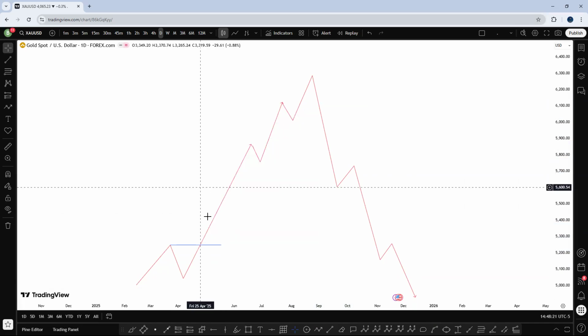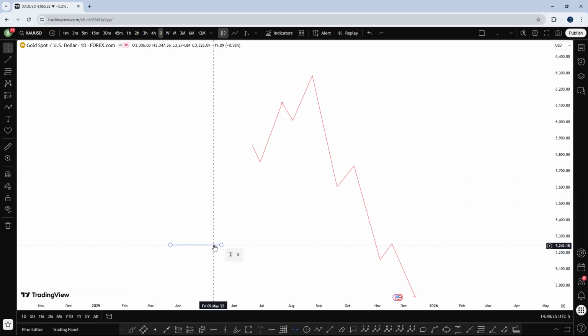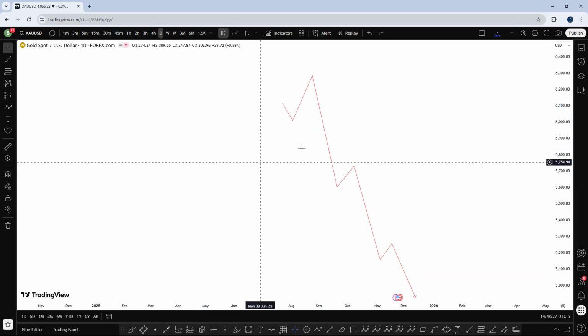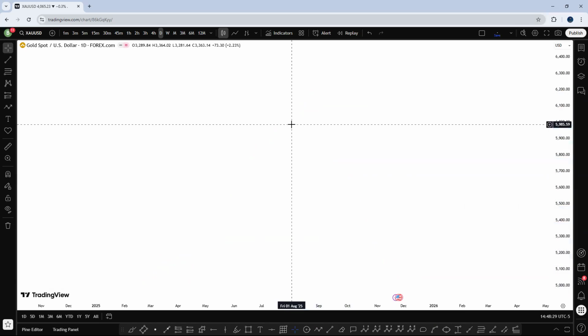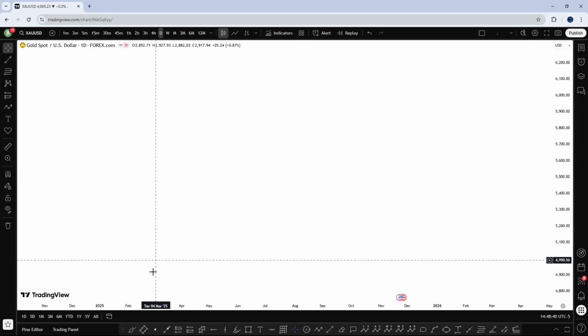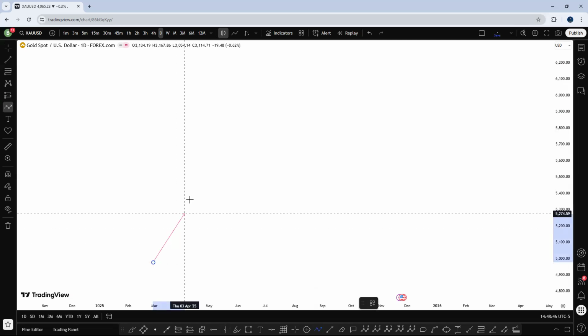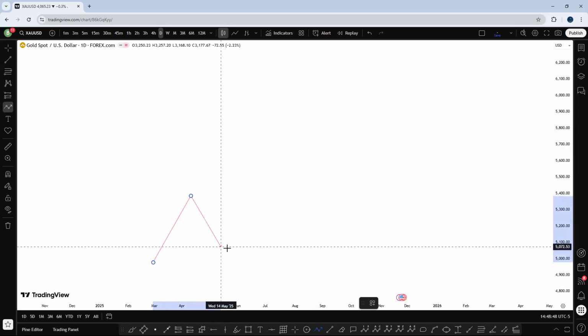So this is the focus we are going to talk about, because someone asked me a question about gold. Gold is trending, and here is a simple answer for you.